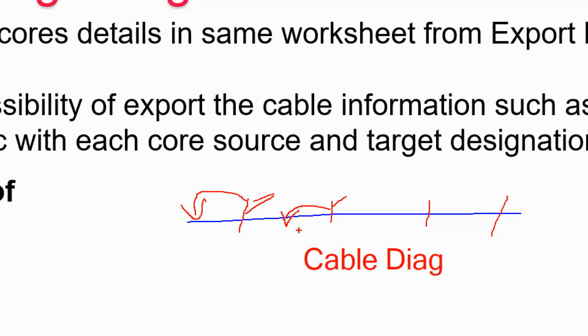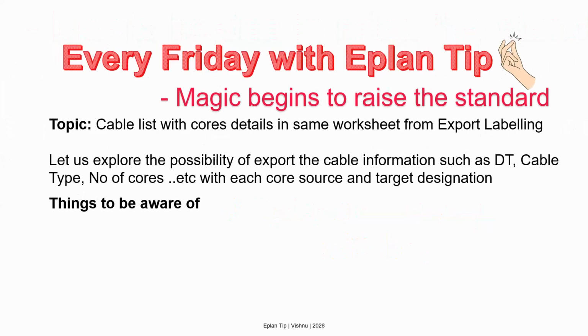To get these things, you should definitely know what a cable definition is. As I said, that blue color line is what we call a cable definition. The second, those cores, we call a connection definition point. Definitely you also need export labeling. We will have a quick recap too.